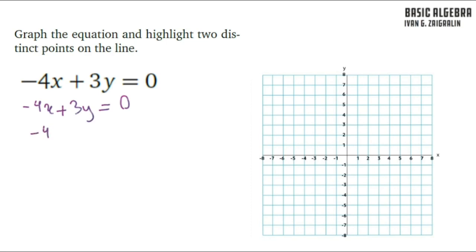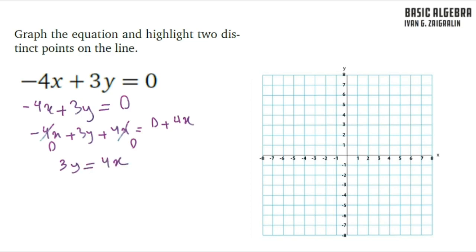Negative 4x plus 3y plus 4x equals 0 plus 4x, and 3y equals 4x.